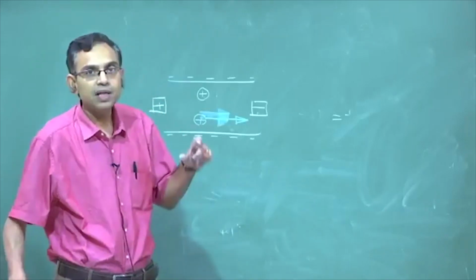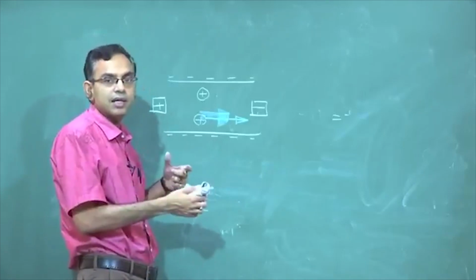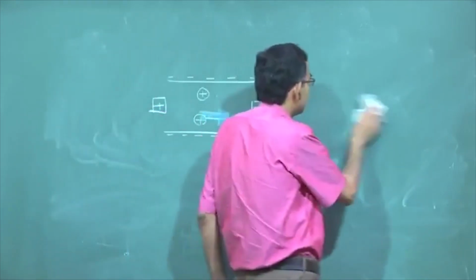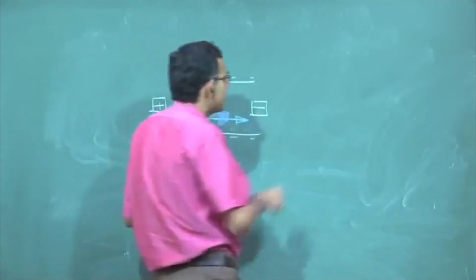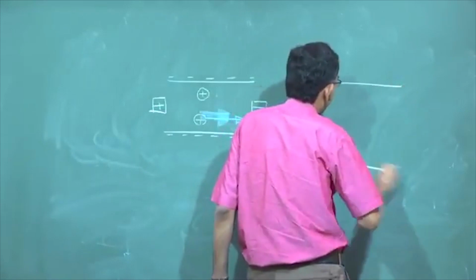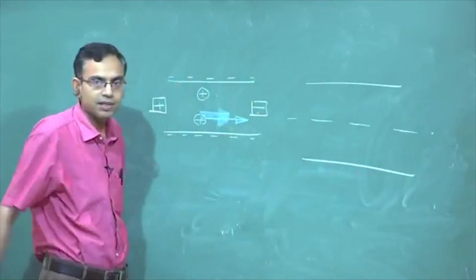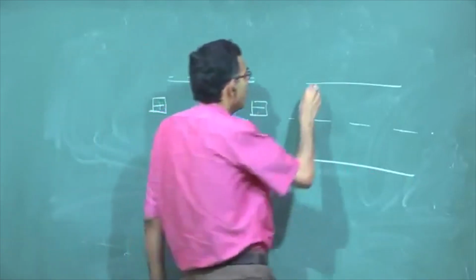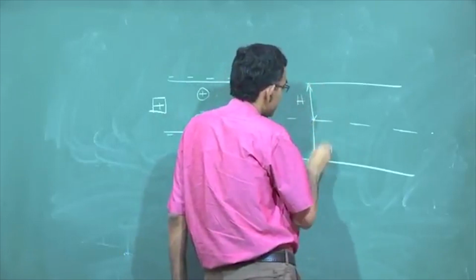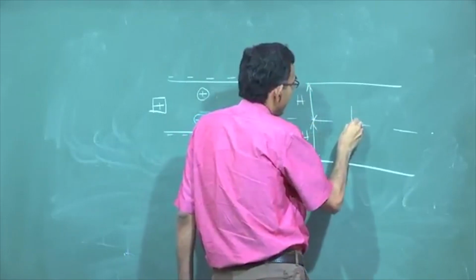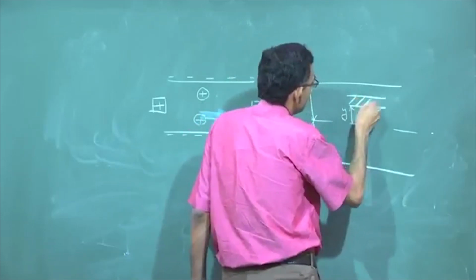Now we will try to understand how we can translate this physics into mathematics. How can we write an expression for the corresponding velocity profile? To do that, let us assume that you have a parallel plate channel, that is a rectangular channel with the width much higher than the height, and let us say this height is 2h, and at a section y we take a strip of width dy.